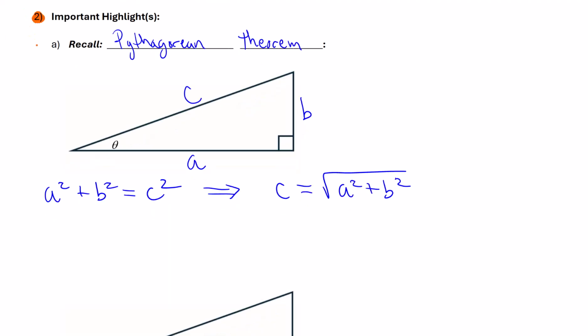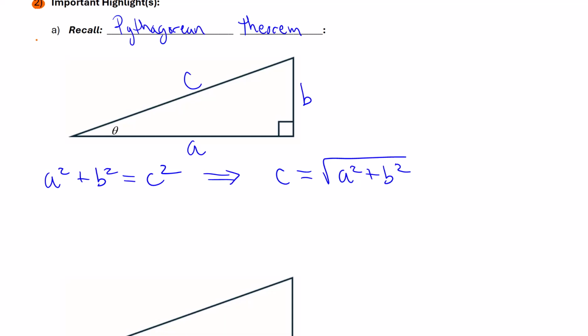If we take the exact same situation, the original Pythagorean theorem equation, but this time solve it first for a squared, wouldn't I just subtract b squared from both sides and end up with a squared equals c squared minus b squared?